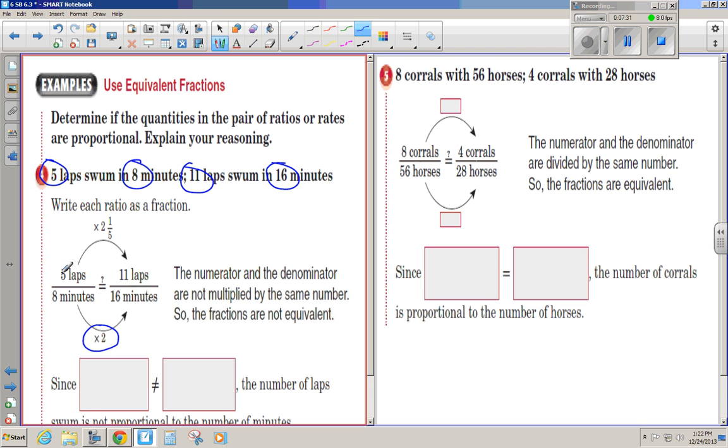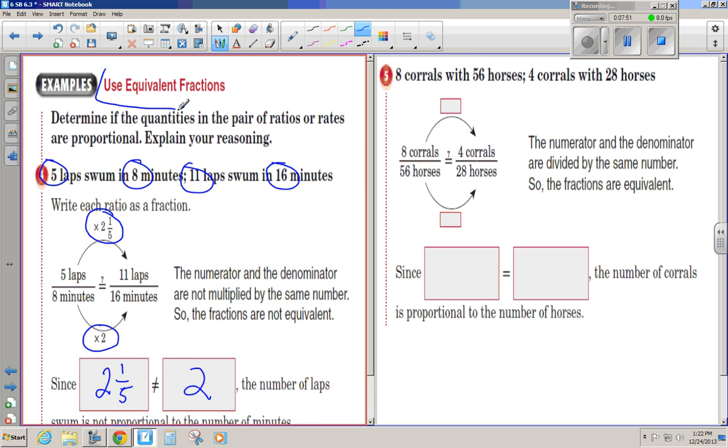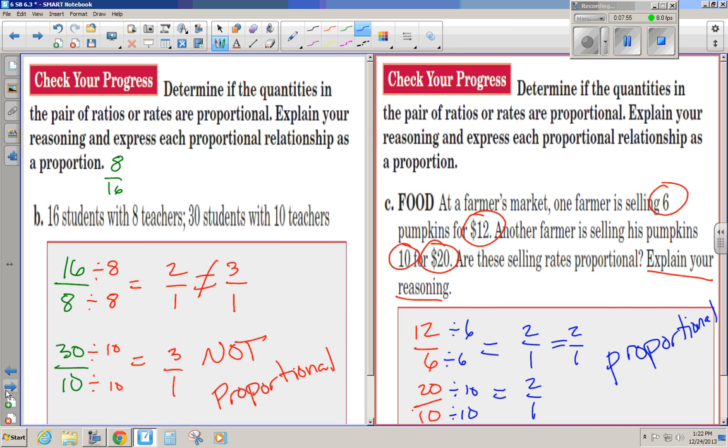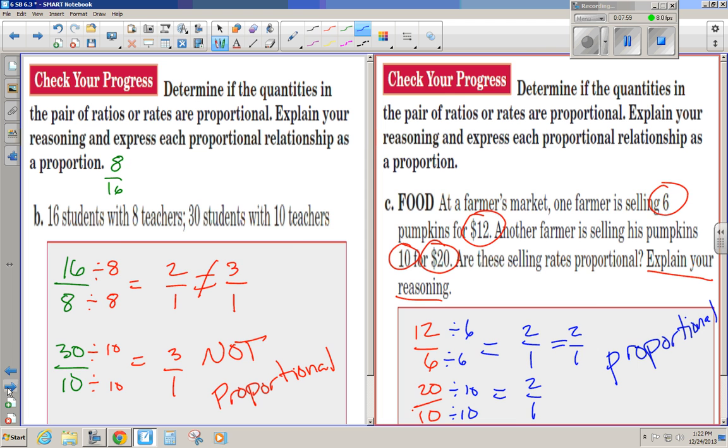To get from 5 to 11, you multiply by 2 1/5. So since 2 1/5 does not equal 2, they're not proportional to the number of minutes. So we're working on these by using equivalent fractions. Instead of using unit rates like we did here, we used equivalent fractions. So this is another method.